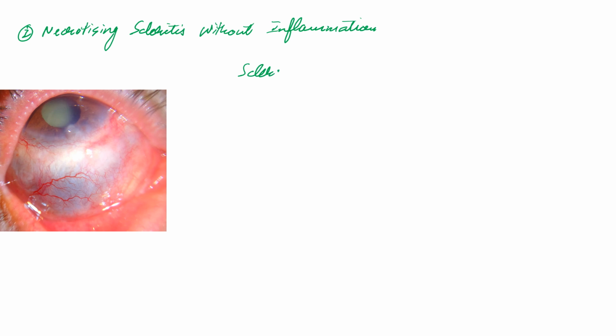Now, let us discuss about the second type of necrotizing scleritis, that is necrotizing scleritis without inflammation. This is also known as scleromalacia perforans.